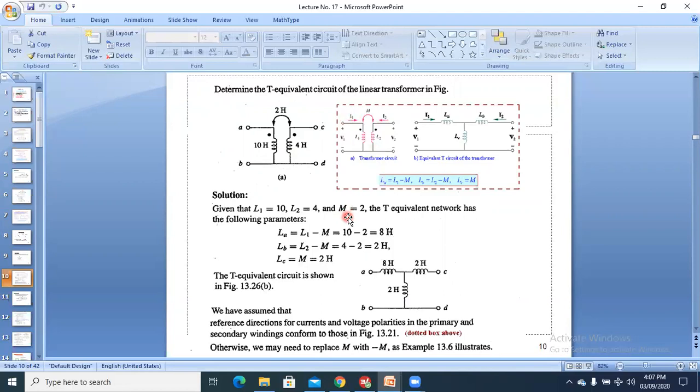We take the value of M equal to 2. That value of L1, L2, and M helps to calculate the values of LA, LB, and LC, and we can replace them in this circuit.